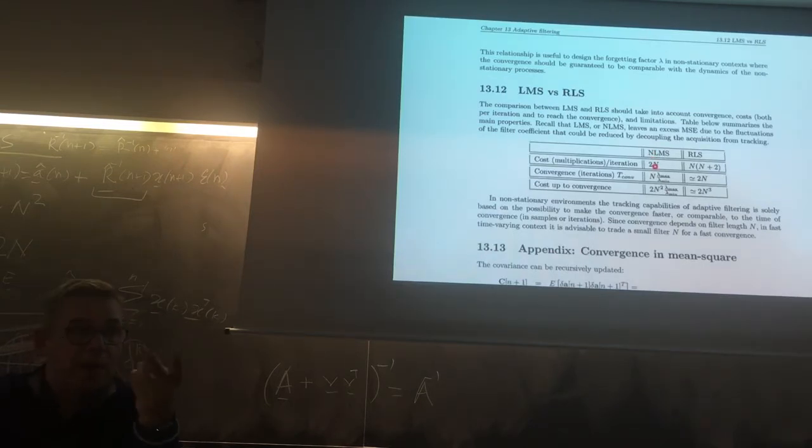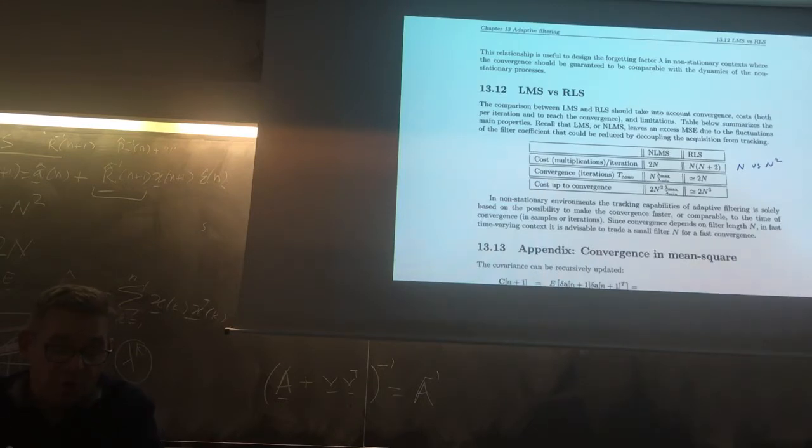LMS costs 2n, due to the fact that I need to multiply by epsilon, and RLS costs, as I said, n squared. If I look carefully, it's not n squared, it's n multiplied by n plus 2. So the cost is n versus n squared, approximately.